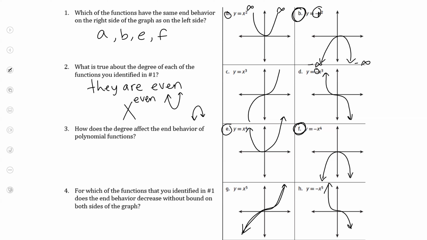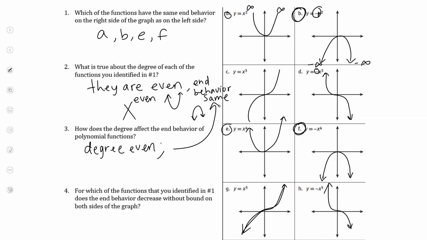That means your end behaviors are going to be the same, okay? Degrees are even. That means your end behaviors are the same. Okay, so how does the degree affect the end behavior? We just said this. If the degree is even, what do you know? Yep. End behaviors are the same.